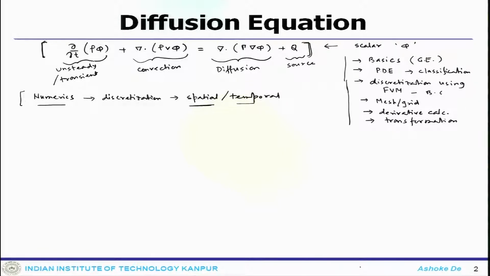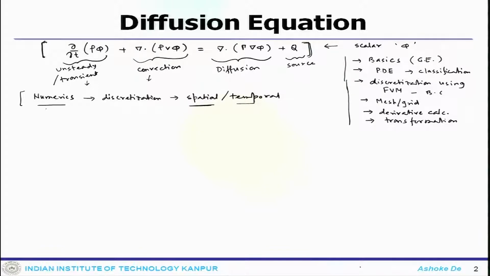But at that time we had not actually discussed what is going to happen to the individual components. For the time being, drop out the transient term, we will handle it later, and drop out the convection term. Look at the diffusion term with or without a source term.